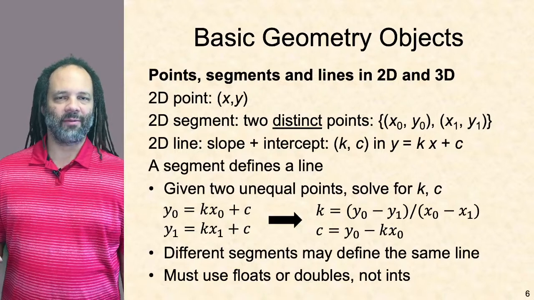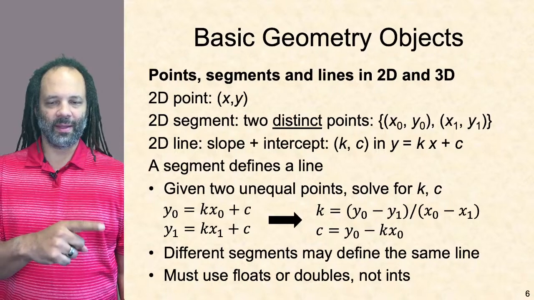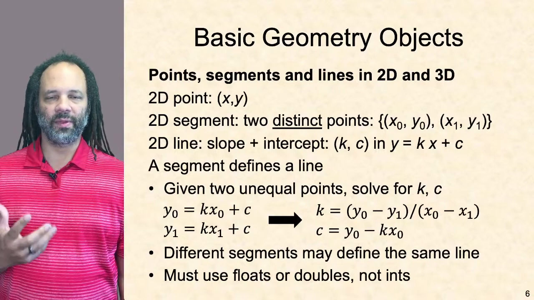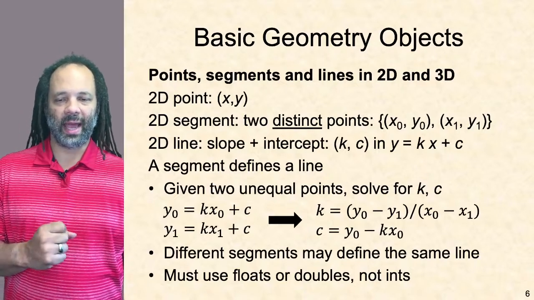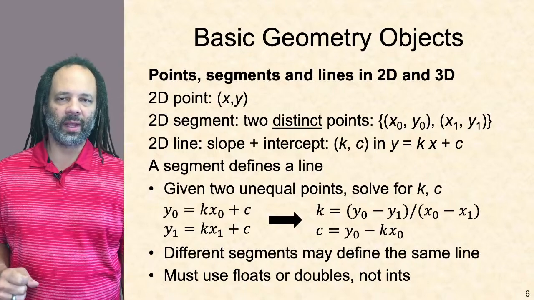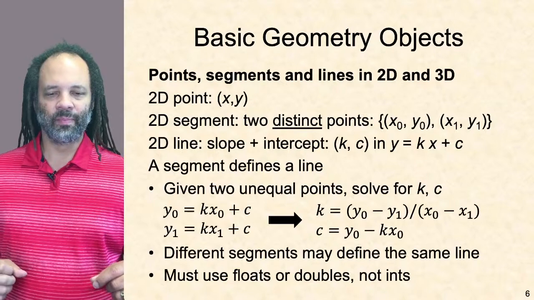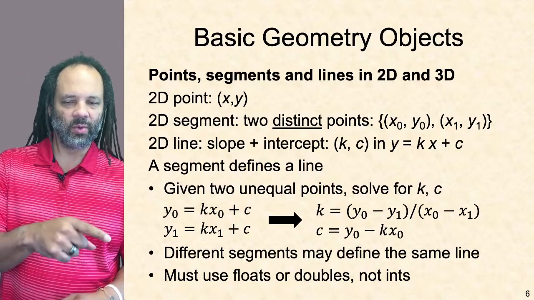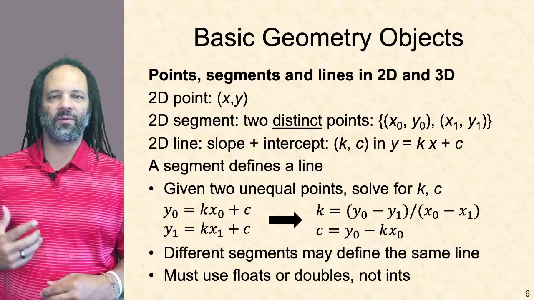Hopefully you remember doing this one in prep school, right? We've got y equal to kx plus c. In both of these versions, y sub 0, x sub 0, and y sub 1, x sub 1. If those are 2 points, I want to figure out the line that joins them together. I can just solve both of these 2 equations for c, set them equal, and I end up with something that I can solve for k.